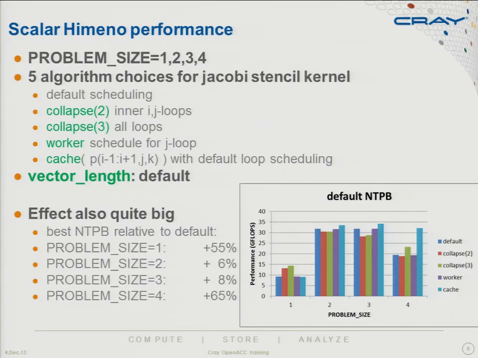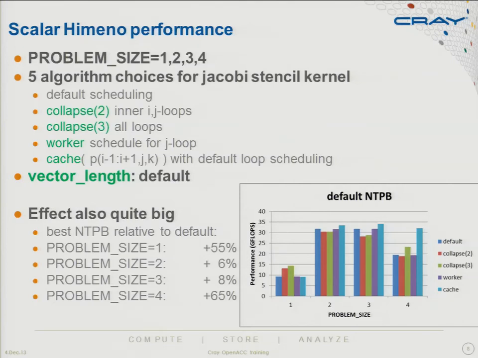Here, using the cache clause gives me a 6% performance increase relative to the default. Again, for problem size 3, cache is best, and cache is best for problem size 4. And again, I get a 65% increase here by using the cache relative to the default algorithm. So again, playing around with these is giving me performance increases, but I'm doing it with directives.